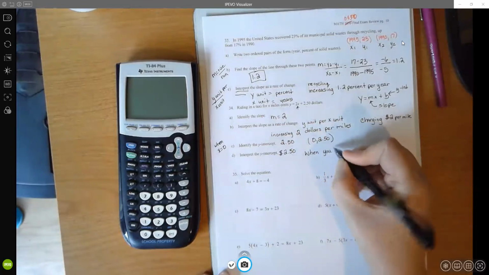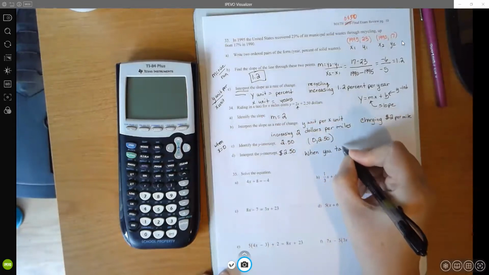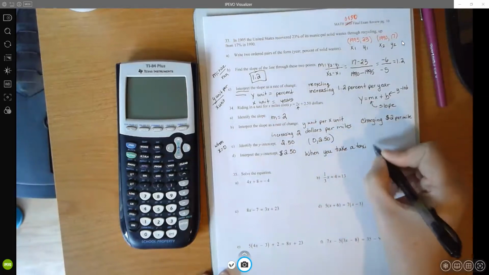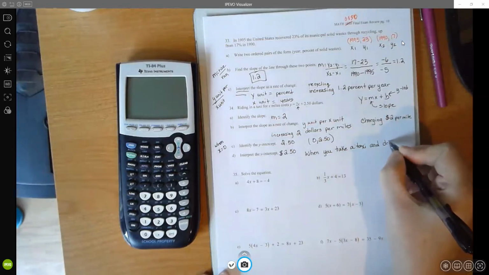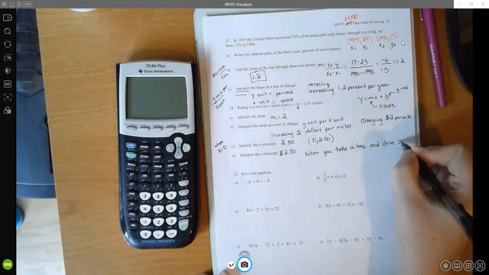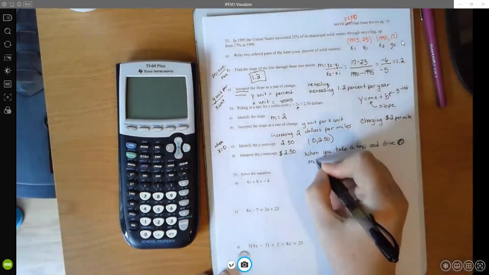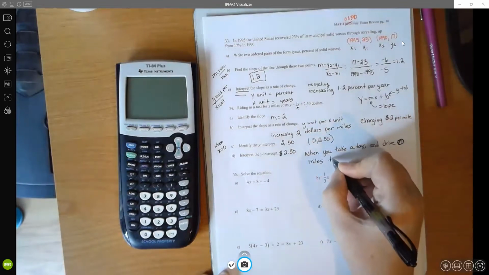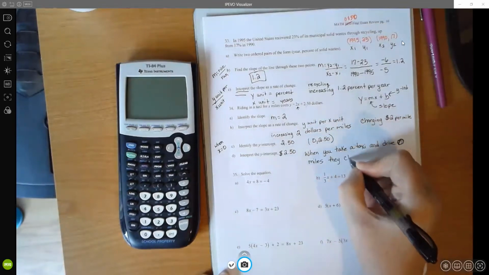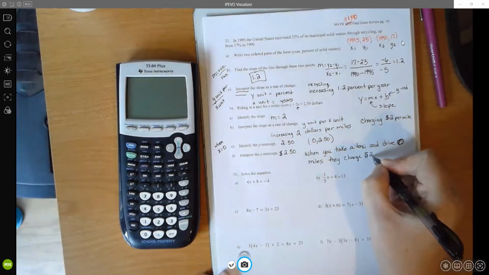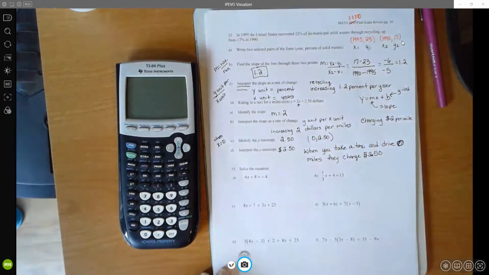When you take a taxi and drive 0 miles, they charge $2.50. And I don't have to write dollars because I can use a dollar sign.